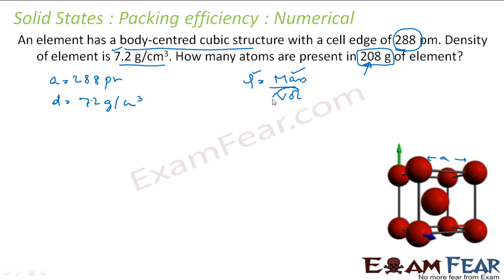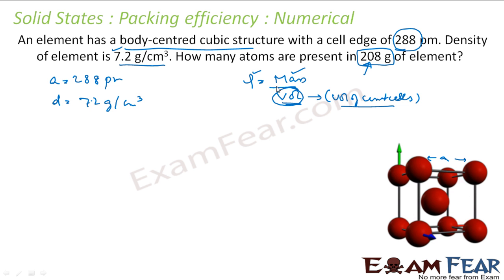So I can actually find the volume of my 208 grams of element. If I can find the volume of this, I can find the number of cells easily, because this volume which I get is nothing but my volume of unit cells.